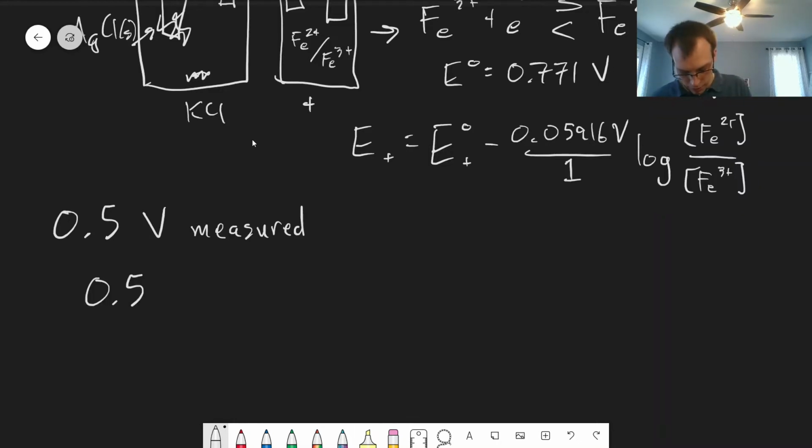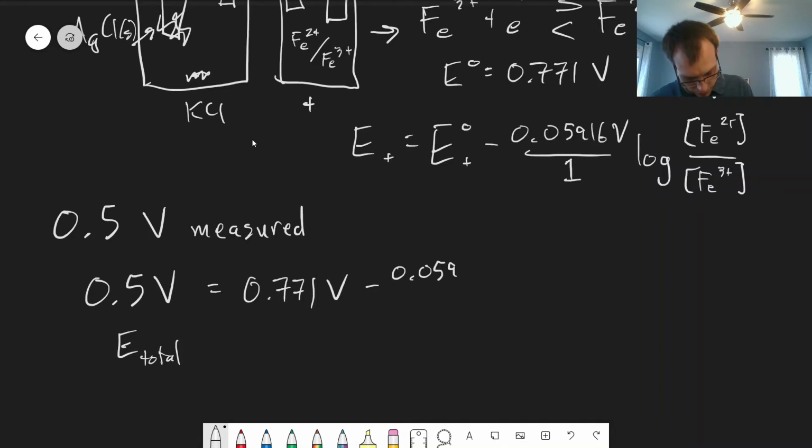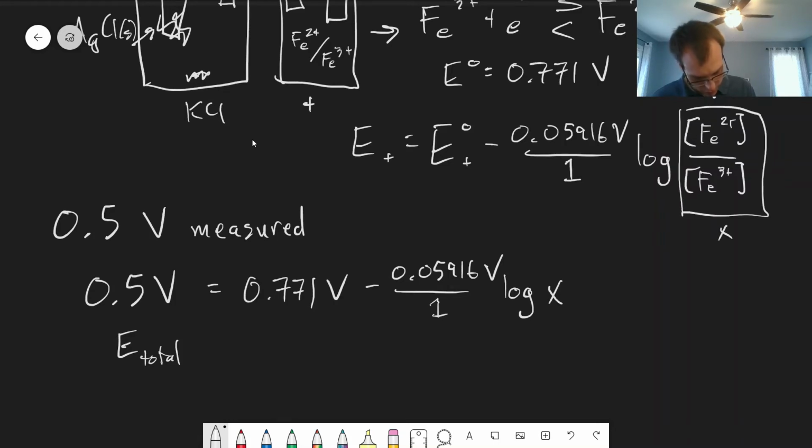So we'd have 0.5 volts, this is our E total, is going to be equal to, that's our wrong one, we're going to have 0.771. I had our potentials backwards. 0.771 volts minus 0.05916 over 1 volt times log of x. We'll call this ratio here x.